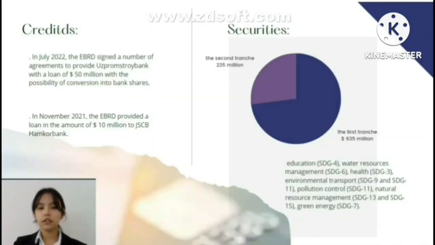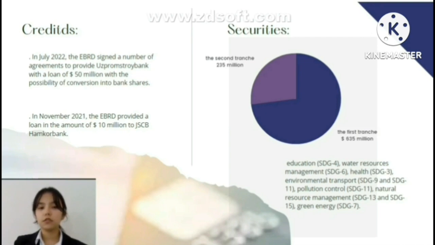In Uzbekistan, there is a gradual increase in activity in the field of green finance. If initially this segment was presented mainly in the form of grants from international financial institutions, then in recent years other instruments such as green loans and bonds have been introduced.